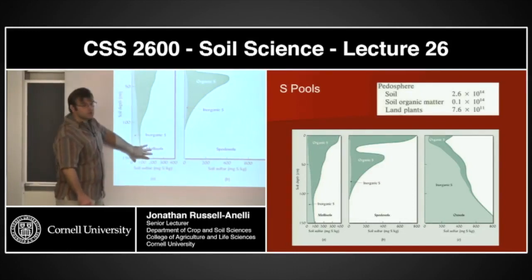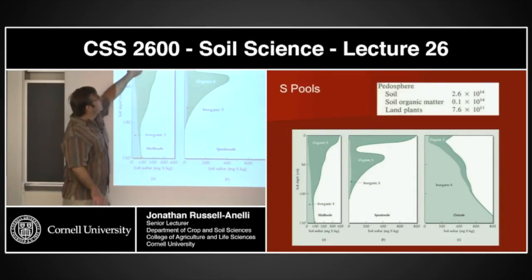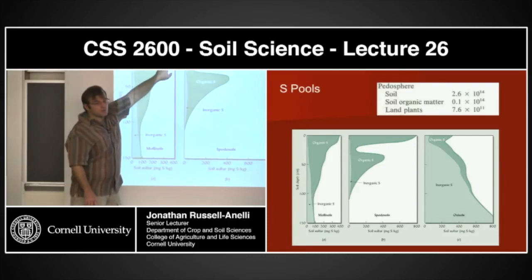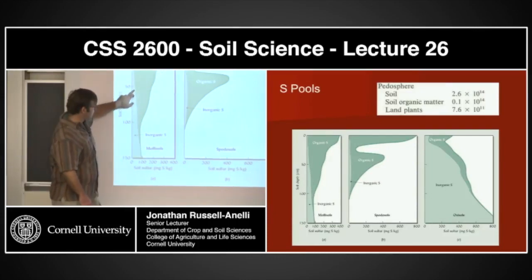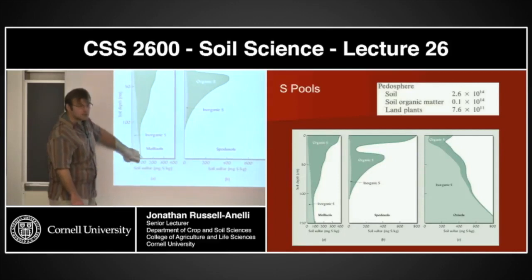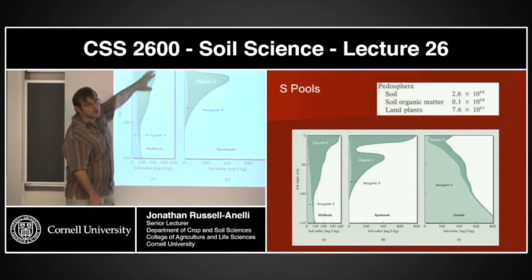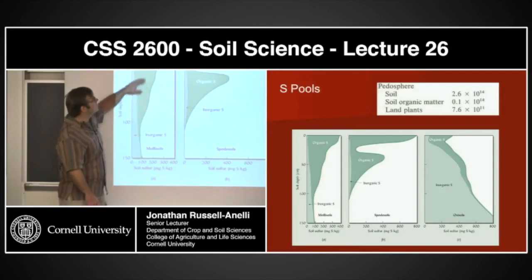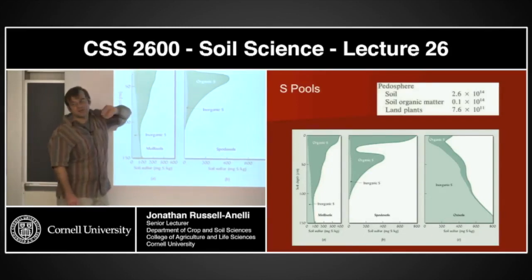With mollisols, high organic matter at the surfaces, and high levels of organic sulfur at the surfaces. As you get into depth, you start seeing an increase in inorganic sulfur. The predominant form of the sulfur in these mollisols is in organic matter, and the predominant area that it's in is at the surfaces because that's where the organic matter is.